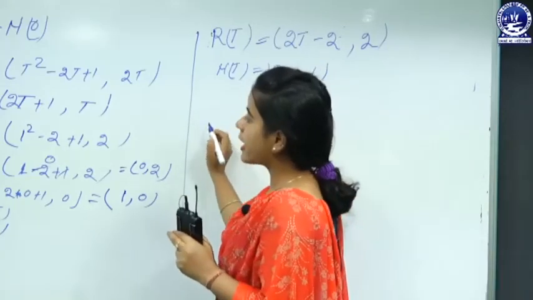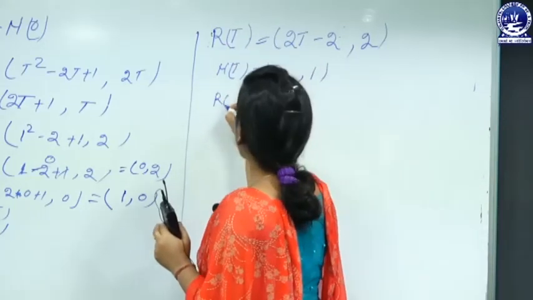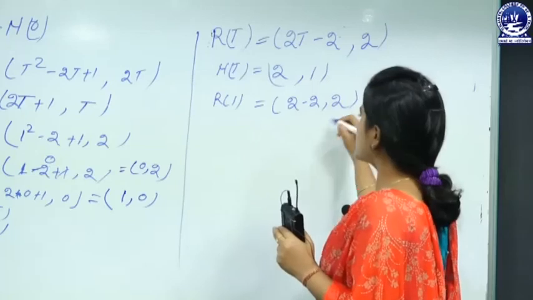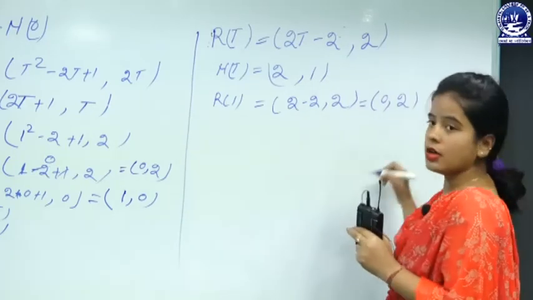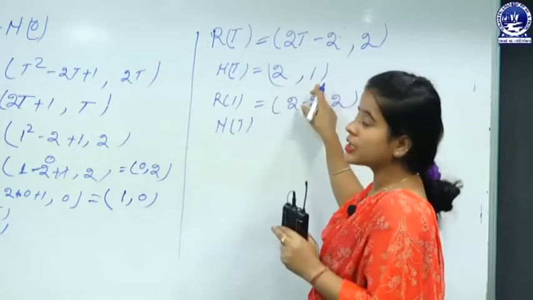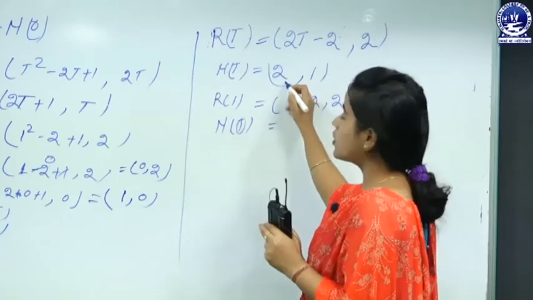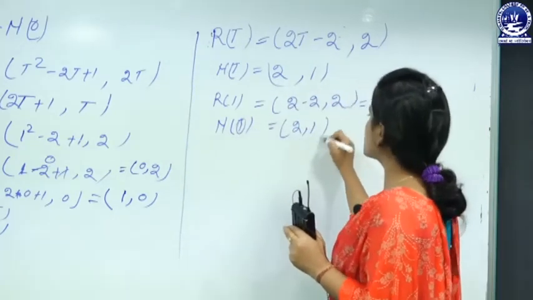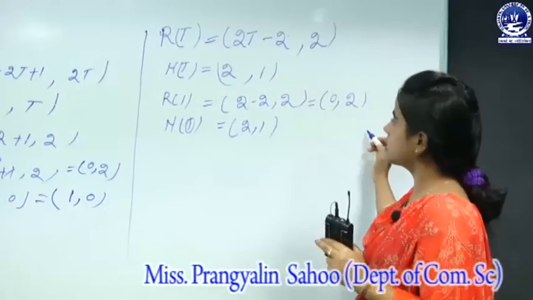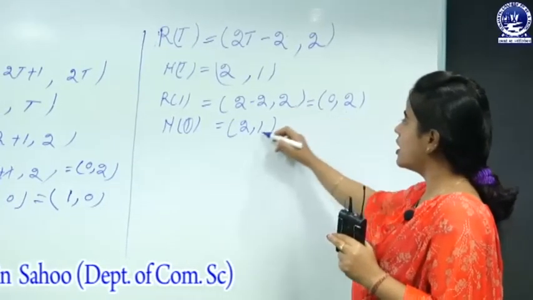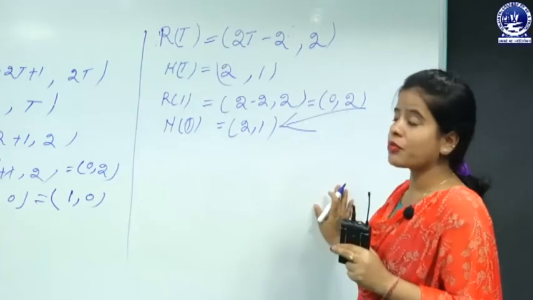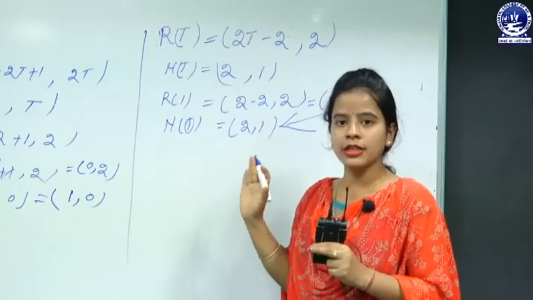Now we put the value t equals 1 in r of t: 2 into 1 minus 2, that is 0, and 2, so the point is (0, 2). In n of 0, there is no t term available, so the point is (2, 1). So also for the first order derivative they are not equal: r of 1 is (0, 2) and n of 0 is (2, 1). That means the given curve cannot be continuous in nature.